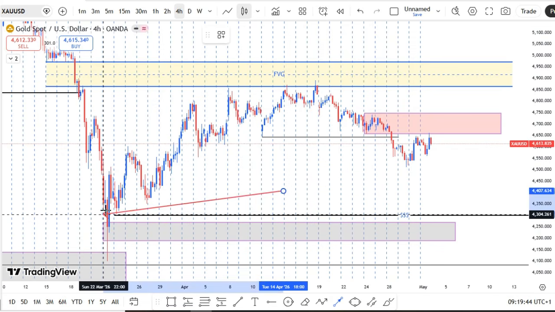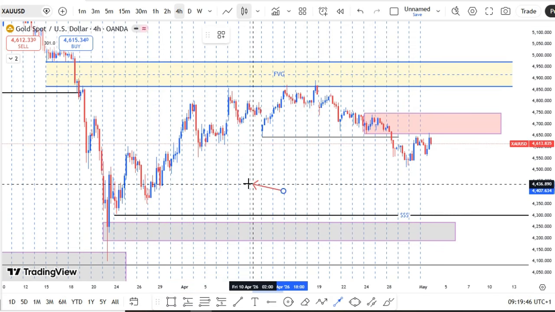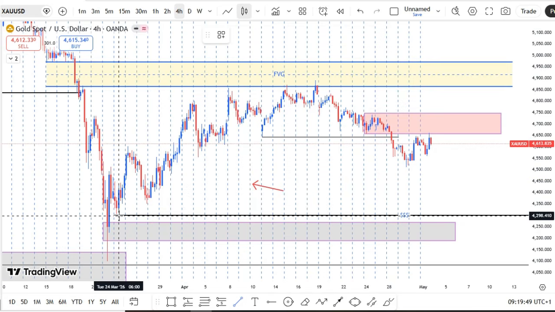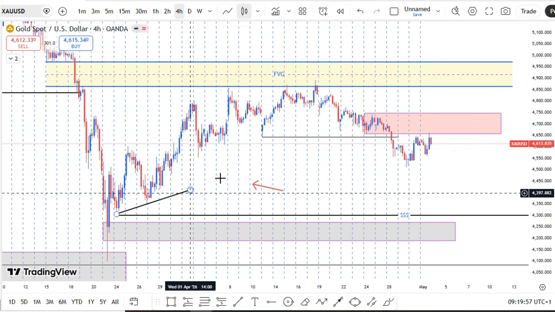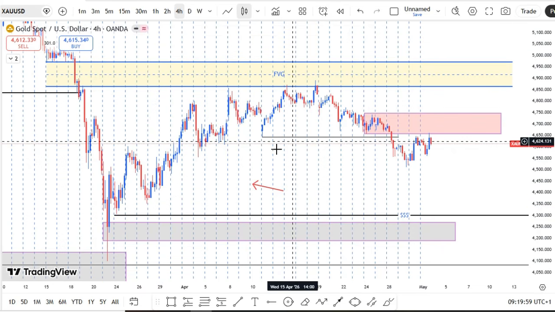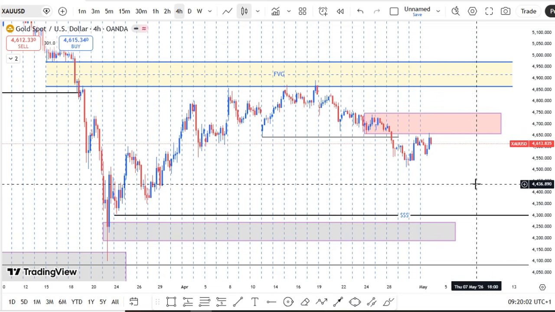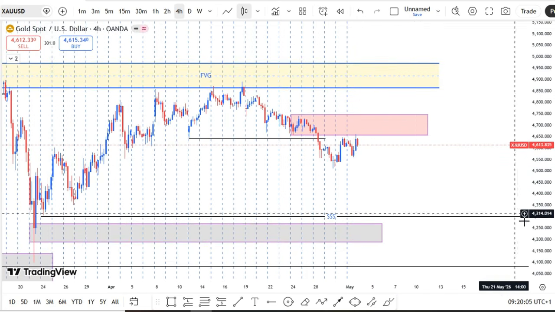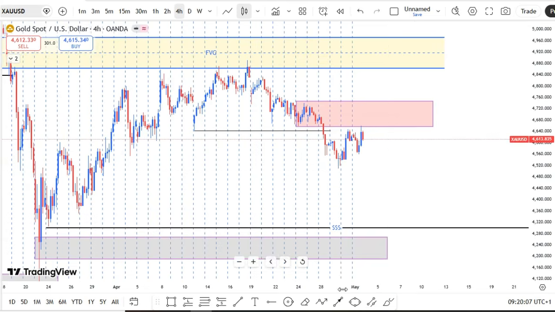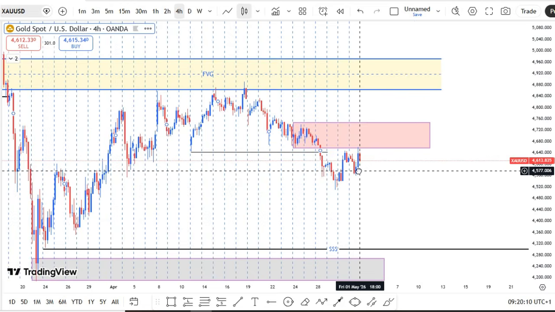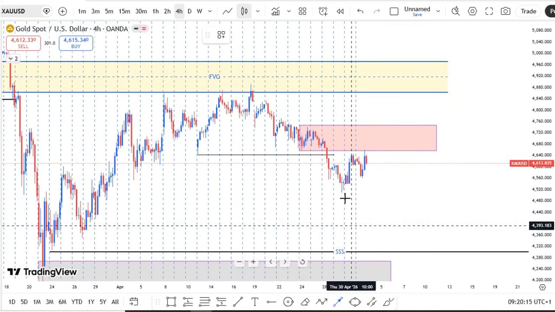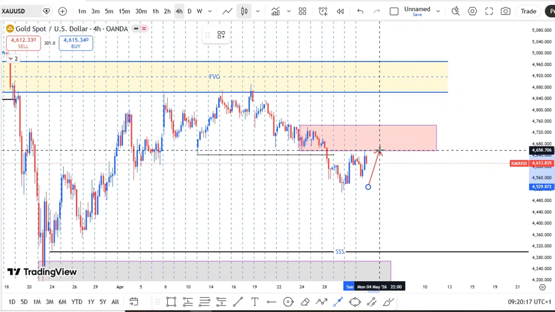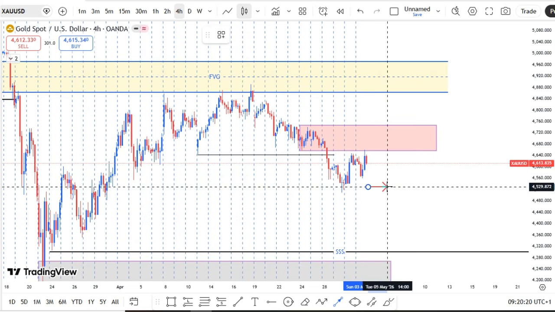So these are all areas of liquidity in the form of trend lines. Those are levels of liquidity. So on Friday, price rallied back to the upside into this level and did a sweep of liquidity.